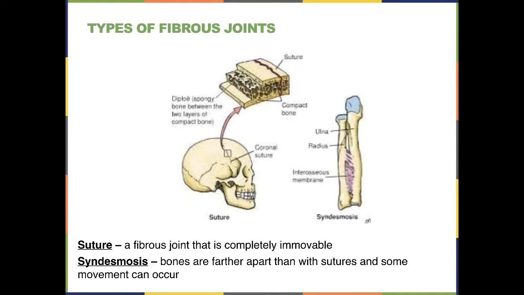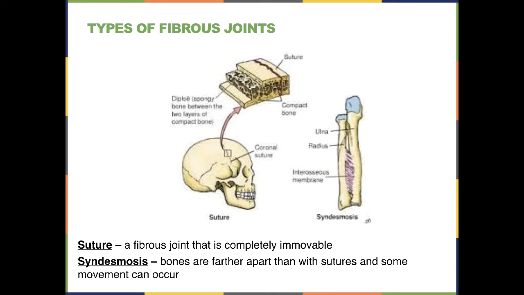On the right here is something called a syndesmosis, and a syndesmosis is a membrane between two bones that travel parallel, and that's the most common place where you see a syndesmosis. And the difference is that these bones can actually move a little bit. The bones are generally farther apart, and there is some movement.